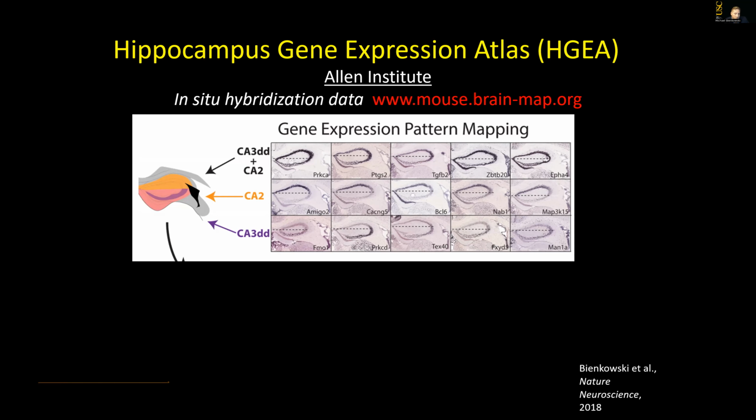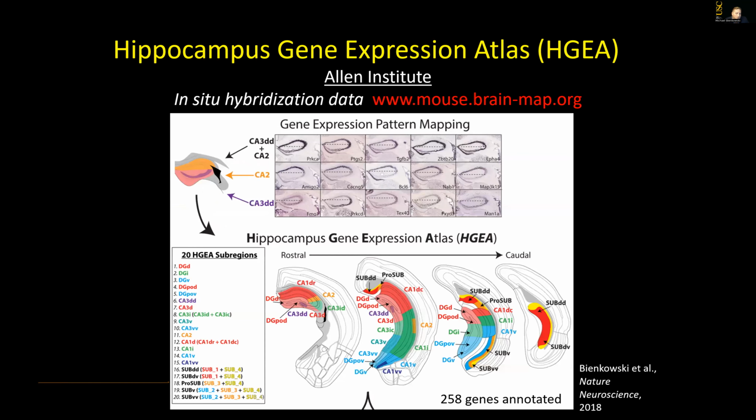Taking this approach, I went through the entire hippocampus for all of the mouse rostral to caudal levels in coronal sections to create this atlas and define 20 distinct molecular domains through the dentate gyrus, CA3, CA2, CA1, and the subiculum.